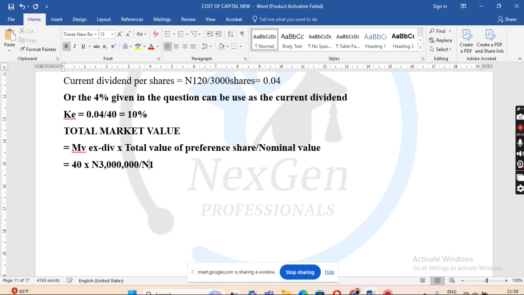Don't forget that the nominal value of preference share is 100 kobo, that is 1 naira. When you divide 3 million by 1 naira, you have 3 million shares, times the 40 kobo per share, will give you the total market value.